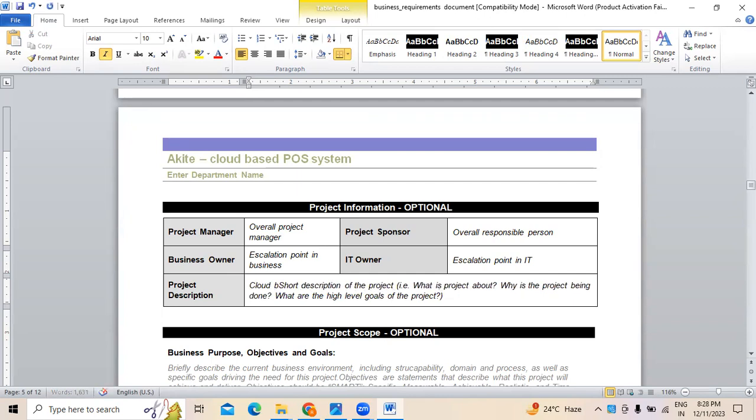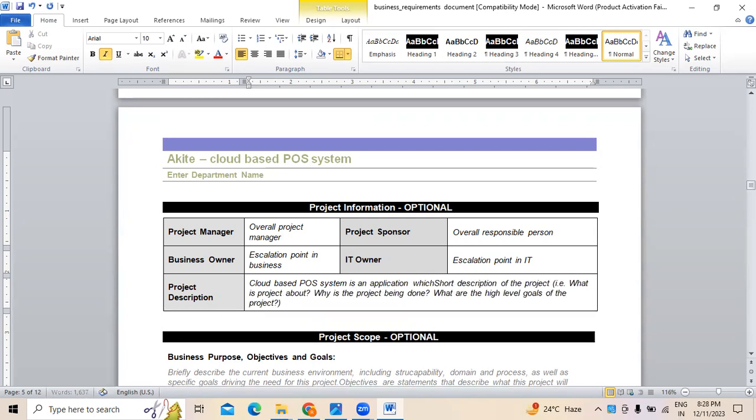For example, cloud-based point of sale system is an application which will be used by the retailers at the time of billing.